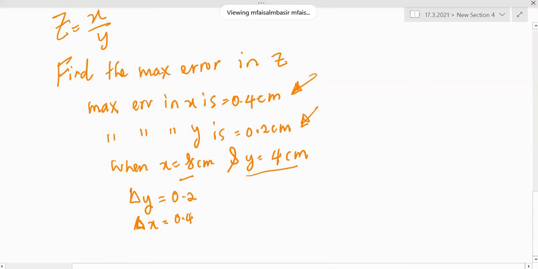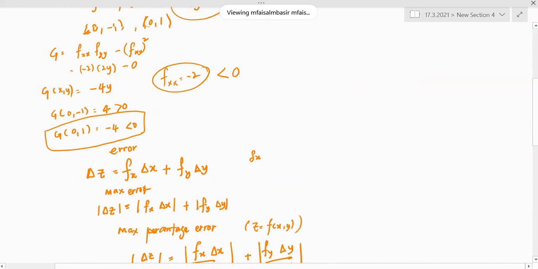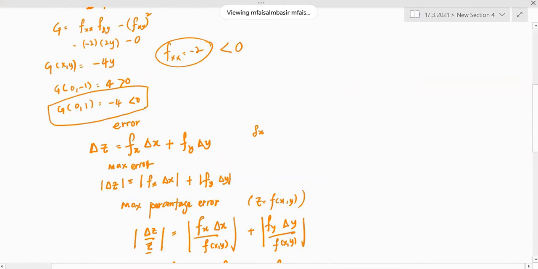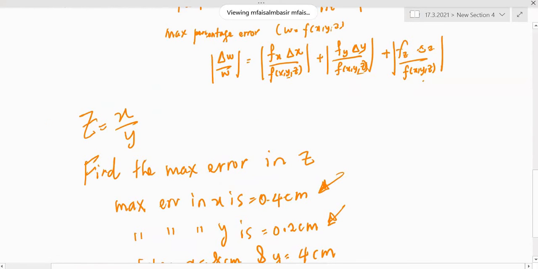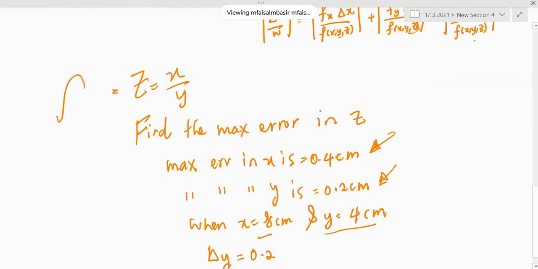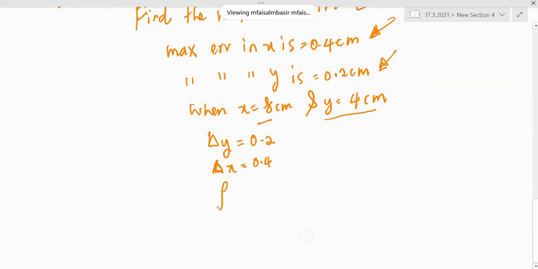So we know in this formula we have Fx and Fy, right? So we need to differentiate this function, the Z function. So you can let this as Fxy. So Fx will be 1 over Y. But Fy, you have X over Y. You can write this as X, Y to the power -1.